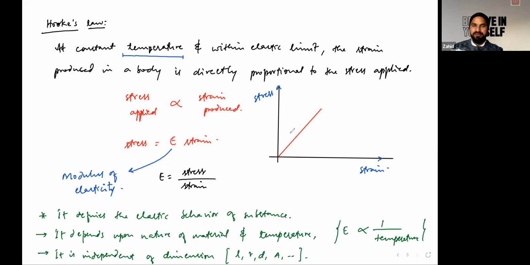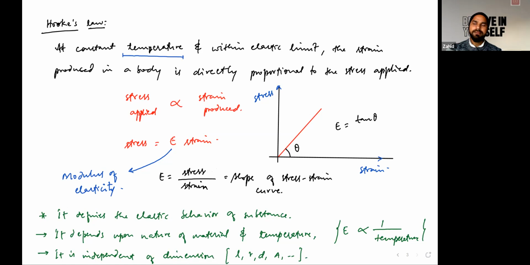According to this graph, this is nothing but the ratio of perpendicular and base. As we know, the ratio of perpendicular and base is tan theta, which defines the slope of that particular curve. Let's say the inclination is theta. So E must equal tan theta. So we can write that the slope of the stress-strain curve defines the modulus of elasticity.